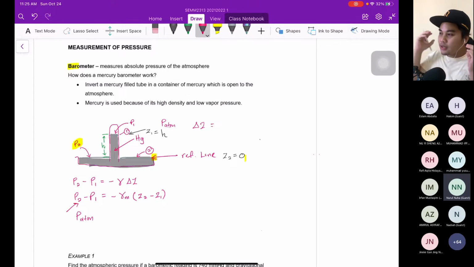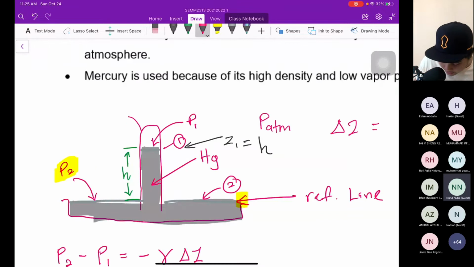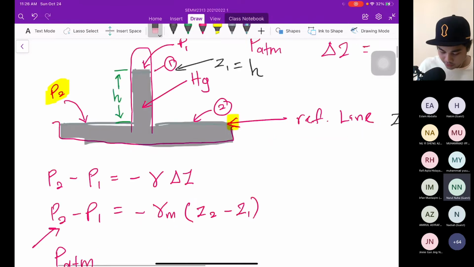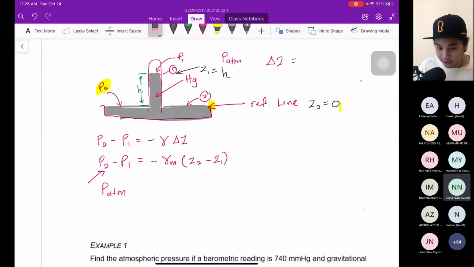So there is no particle at all inside here. So P1 is 0. It is vacuum, so there is no pressure at all.